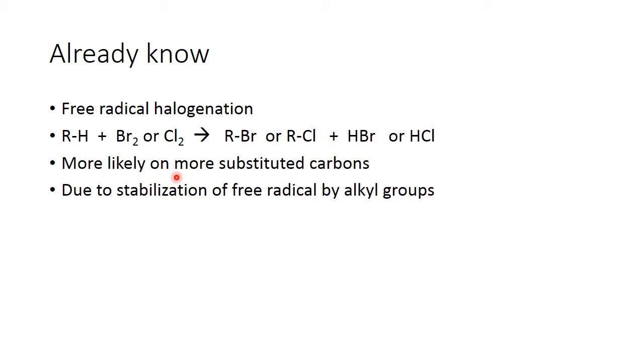And we found that it was more likely that you would find the bromine or the chlorine on the more substituted carbon, and this was due to stabilization of the free radical by the alkyl groups. So tertiary was most likely to have substitution, then secondary, then primary.